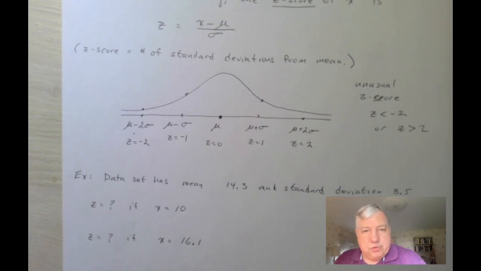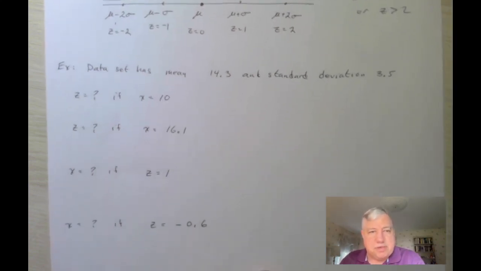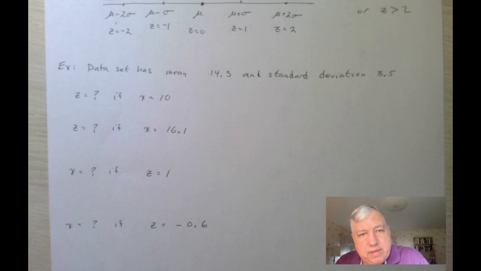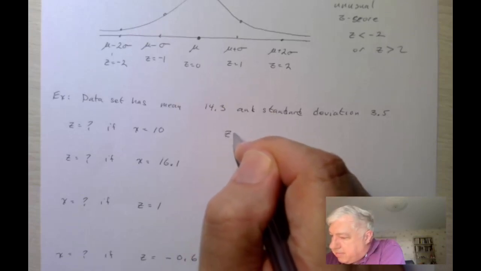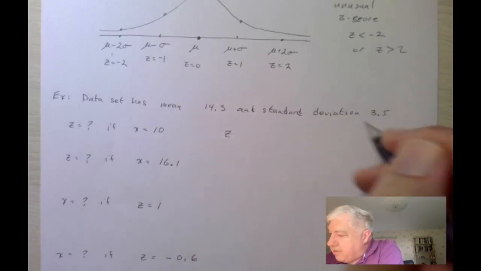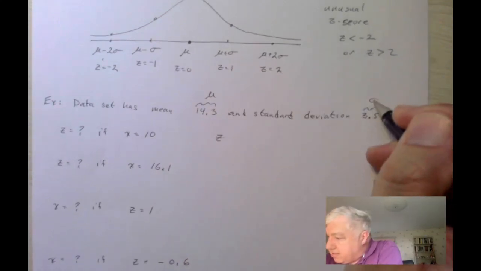All right. So if I ask you for a z-score, I have to give you either the mean and the standard deviation, or you have to compute that yourself. So let's say in this example we have a data set that has a mean of 14.3 and standard deviation of 3.5. We just plug this into this formula up here. So in this case, this is mu and this is sigma.